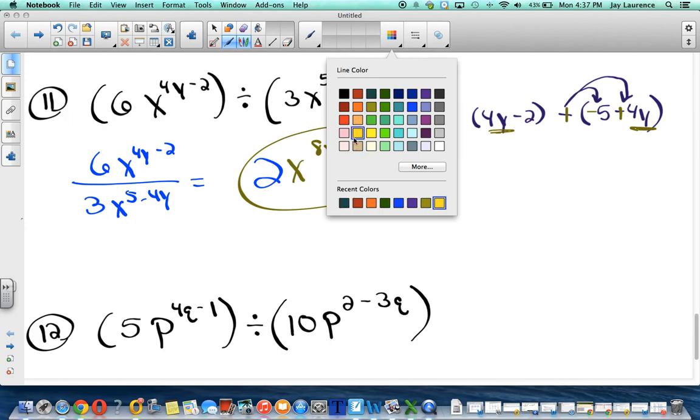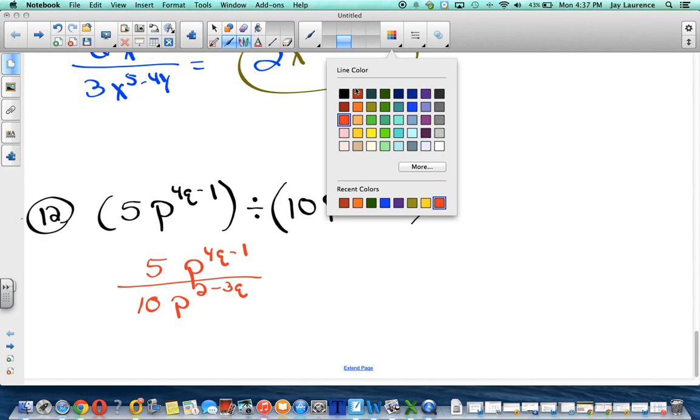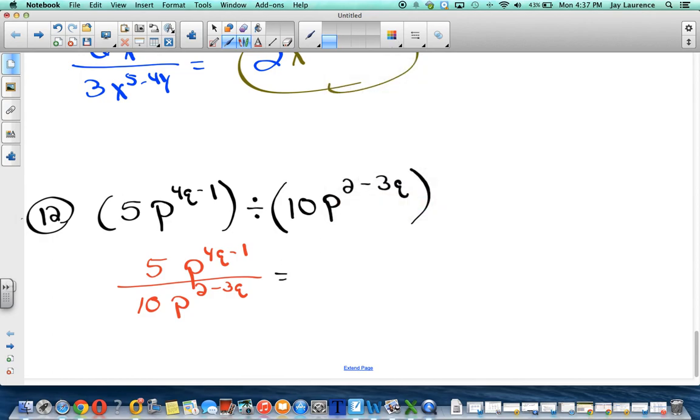Okay, so come on down here. I think I will write this one as a fraction. So the first thing I'm going to do is simplify the 5/10 to get 1/2. Now I'm going to do the division.